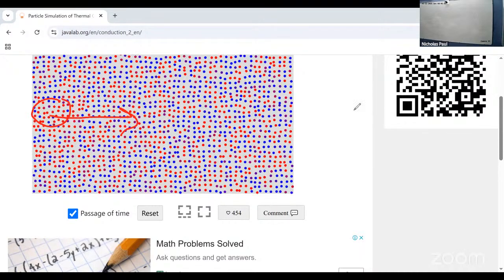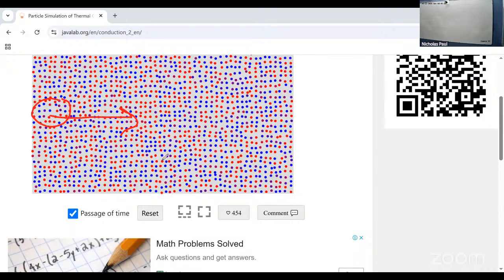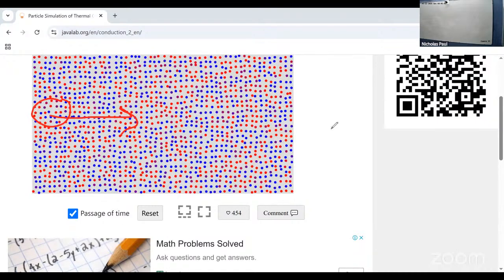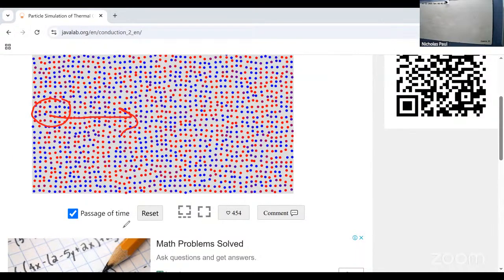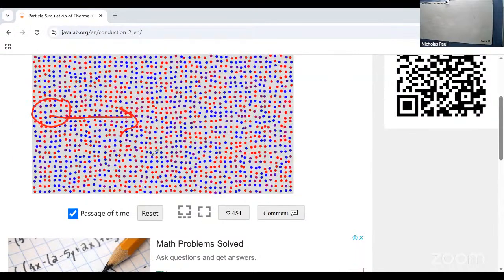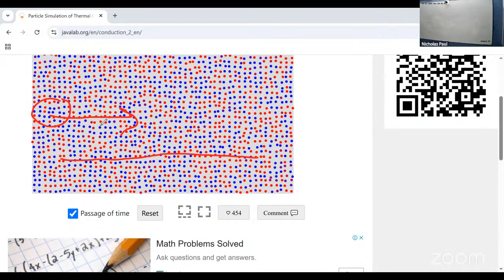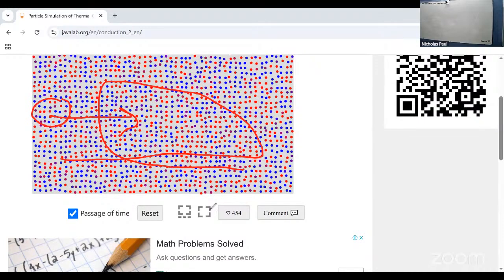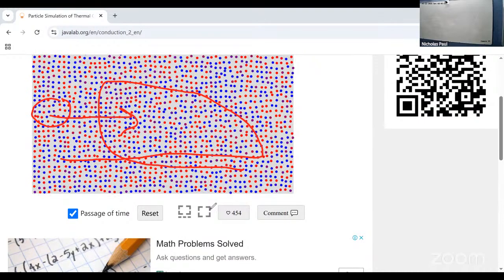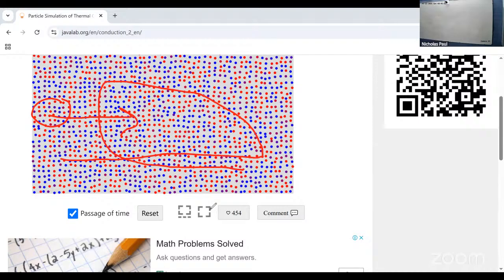In metals, unlike other solids, you actually have electrons that will move around and transfer the heat. That's what makes metals better conductors than non-metals.